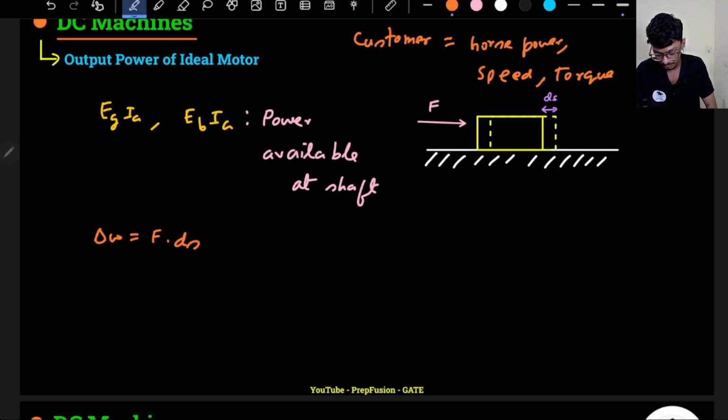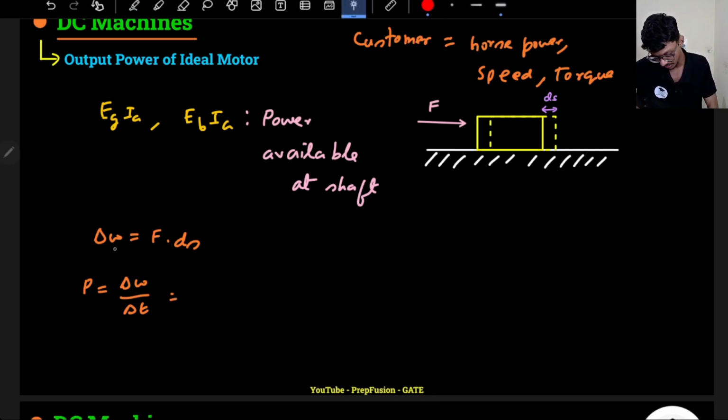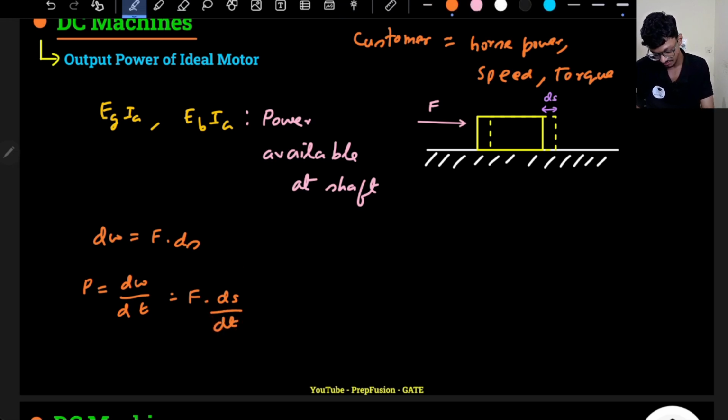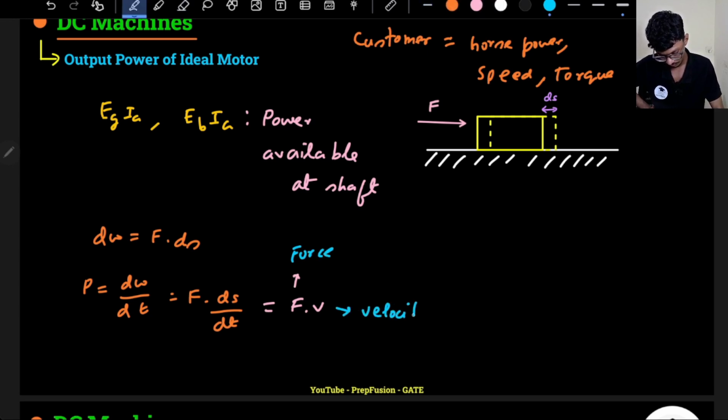The power formula is P equals delta w divided by delta t, so this will be F ds upon dt. ds upon dt is velocity, so power is F dot v. This is the formula of power for rectilinear, linear motion, where F is the force and v is the velocity.